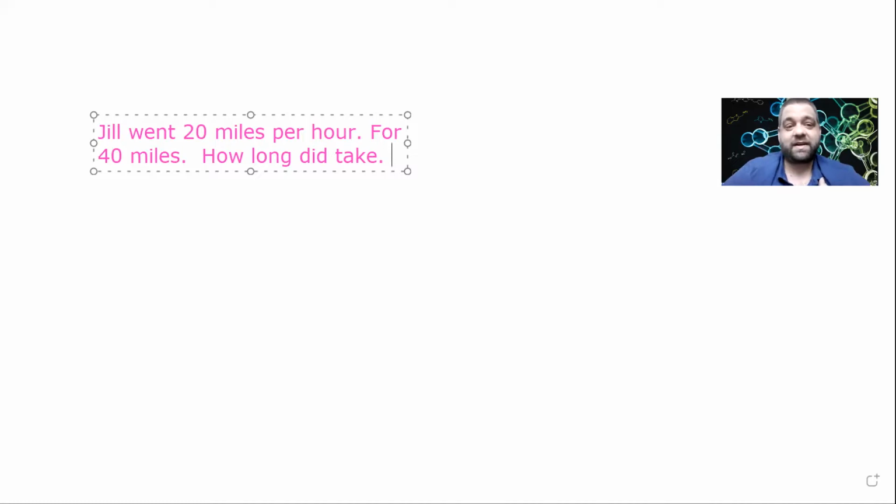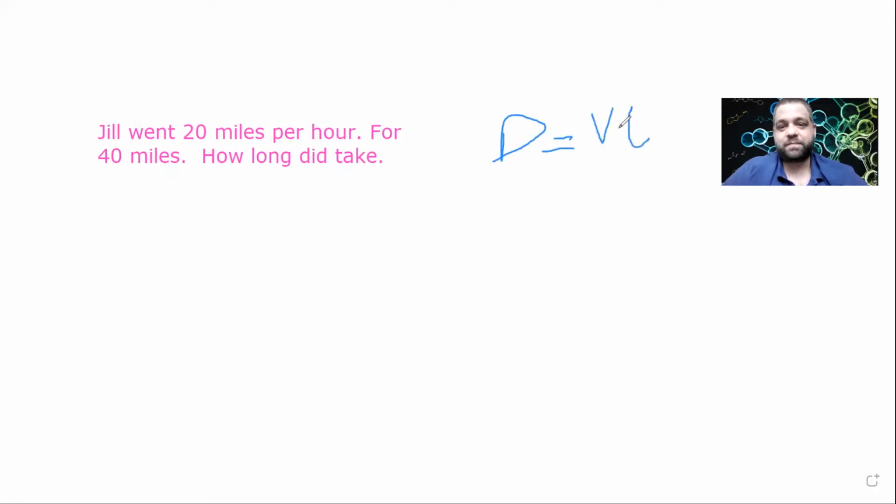You're going to multiply, you can divide. What are you going to do, right? Again, set up the problem as before. Your equation is distance is equal to velocity times time. Okay, so I'm going to go ahead and substitute in my numbers for my variables.